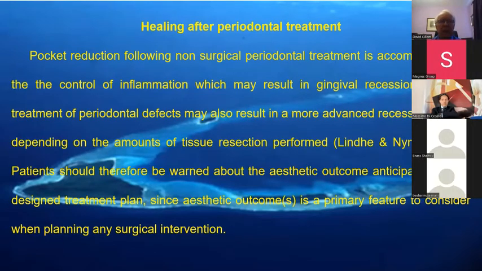Healing is obviously very key, and something we have to be very careful of is, if you remember in the old days, the apically repositioned flaps, and some people still use apically repositioned flaps, particularly in crown lengthening procedures and the like, we may lose pocket depth, and it's pocket recession.